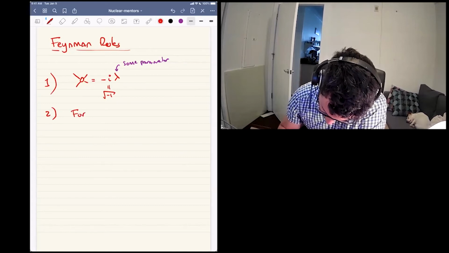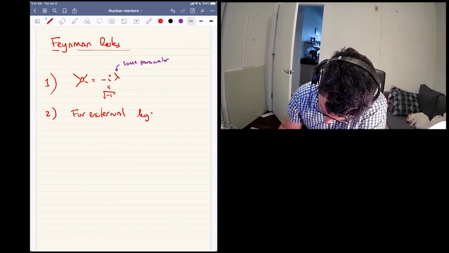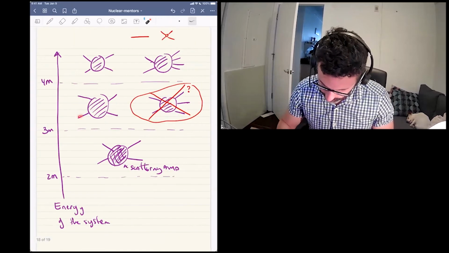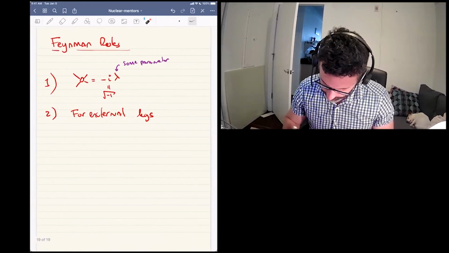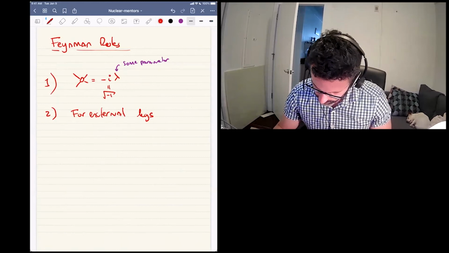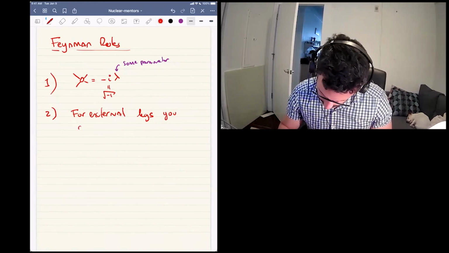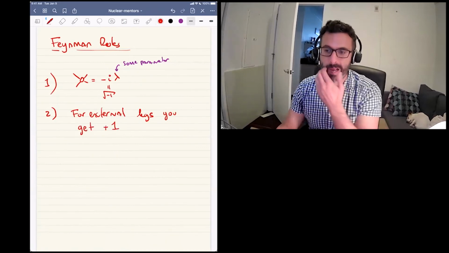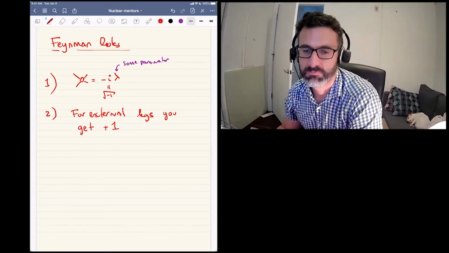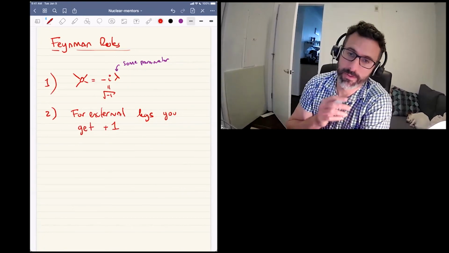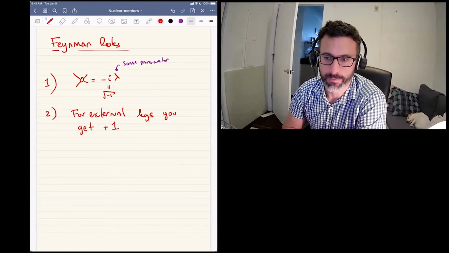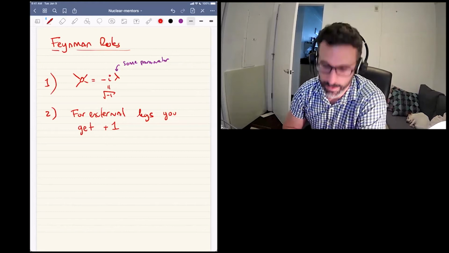For external legs, meaning these little legs that stick out, you get just a factor of +1. Super easy. This is because they're scalars. If they have a spin, then this is more complicated, okay? But for scalars, you just get a factor of 1. All right.